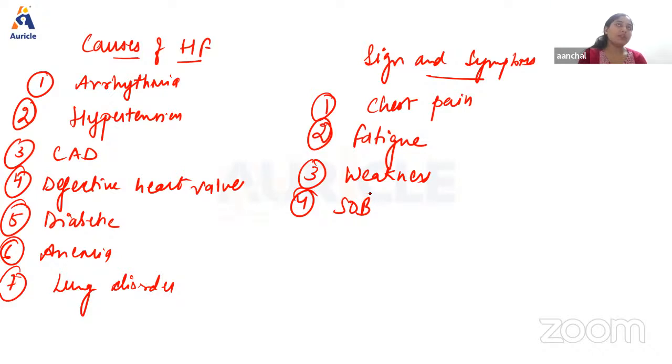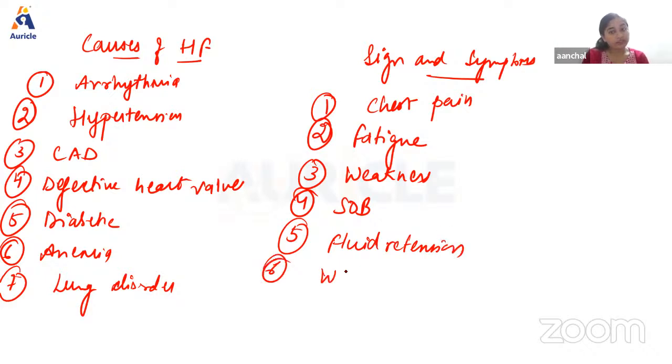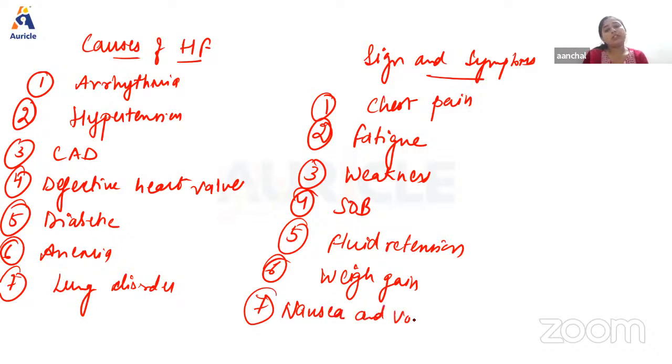The person will start hyperventilating, right? Then fluid retention will be there. Weight gain will be there. Nausea, vomiting. So various signs and symptoms are there if the person is having heart failure.